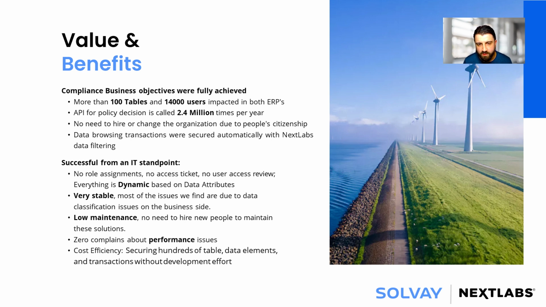So more than 100 tables were impacted with our policies, and 14,000 users in both ERPs. The API for policy decision is being called on average 2.4 million times per year, meaning that we are having the system being used a lot, and without any impact on performance.